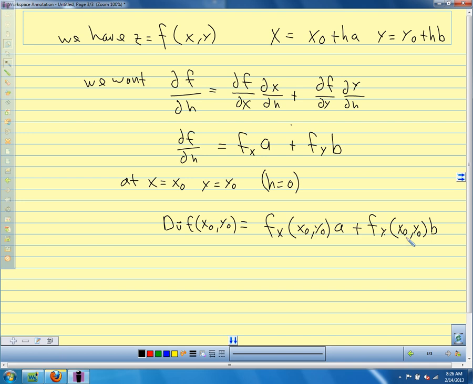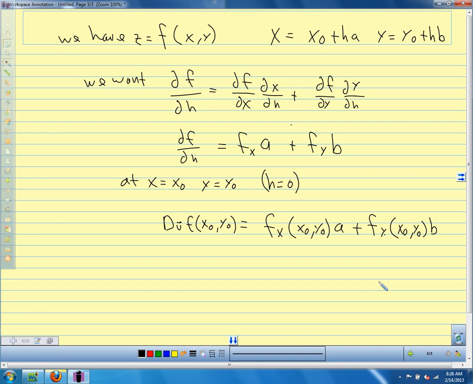Now let's look at the limit. The directional derivative is when we're taking the limit, so we want that distance that we're traveling to be instantaneous. That h gets smaller and smaller. If h equals 0, you plug it into x equals x0 plus ha, and you get x0. So again, we're taking the limit as h approaches 0.